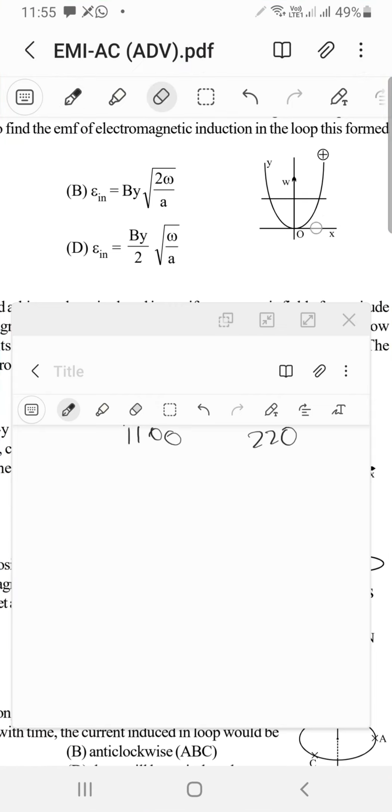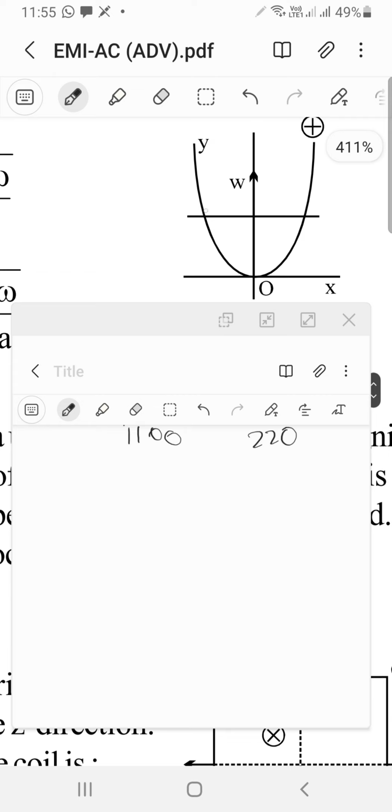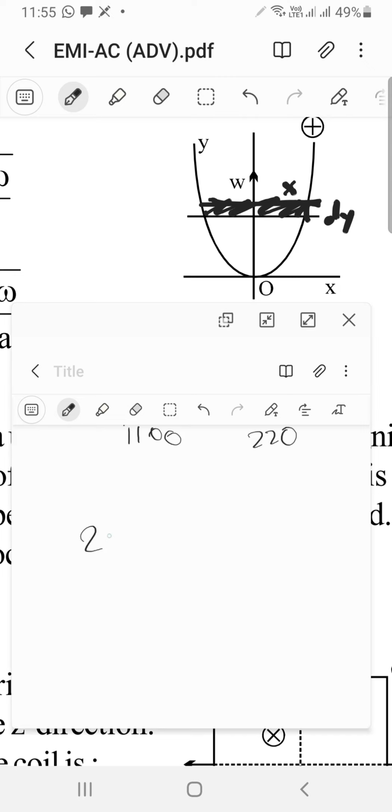So how is the area changing? The change in area, well, that's going to be this small area upon time dt, right? What's this area really? It's just x times dy, but 2 times that. So 2x dy upon dt, that is the dA by dt thing.